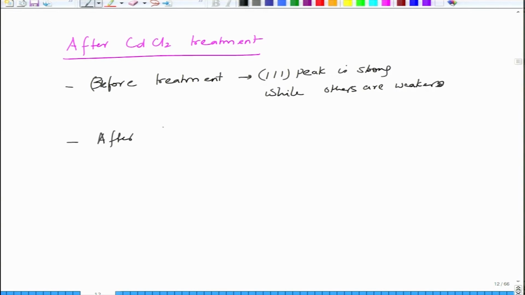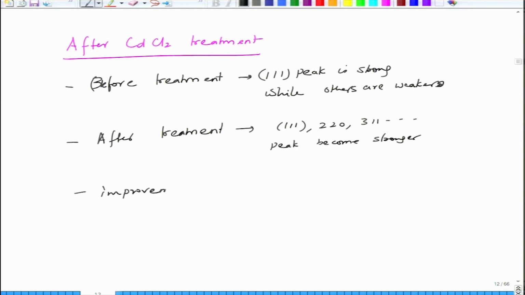After treatment, the other peaks also become strong. So 111, 220, 311. So peaks become stronger. So basically, you can say that there is an improvement in the X-ray diffraction pattern, or you can say crystallinity improvement. Okay, improvement in the essentially crystallinity. So this is what is the sort of CdCl2 processing about.